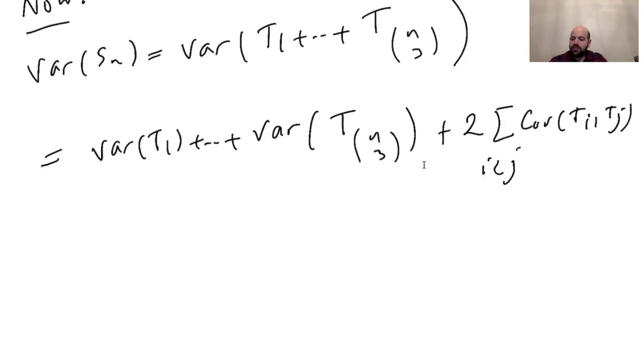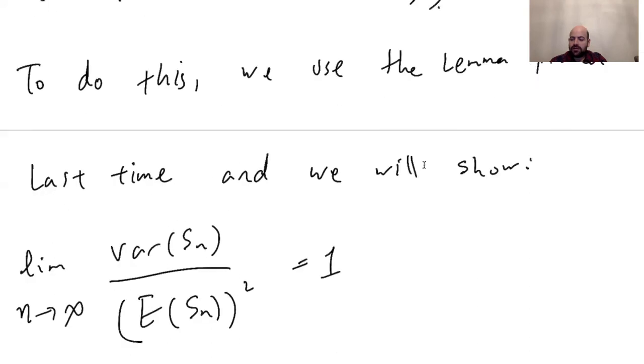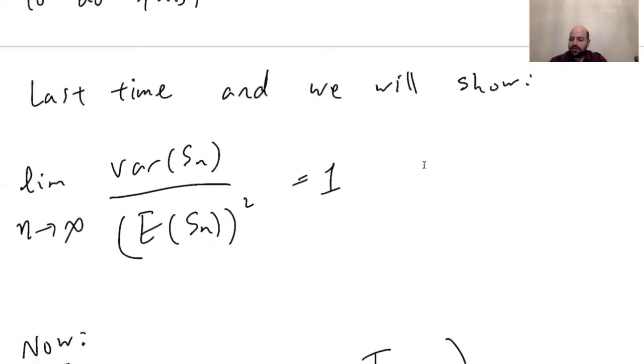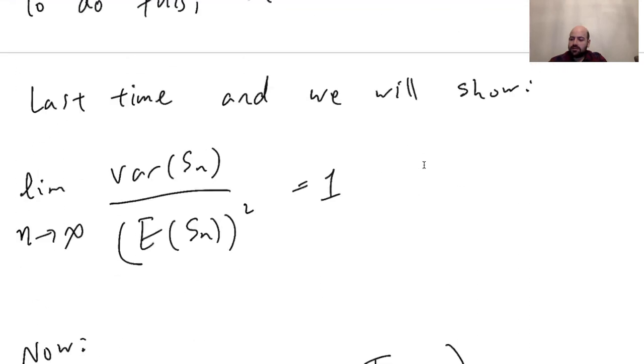Okay, I want to show that, sorry, the limit of this variance of Sn over E of Sn squared has to be 0. I just showed you the lemma. It says that if this variance over E of Sn squared goes to 0, then the limit of P of Sn bigger than 0 is 1 as n goes to infinity.